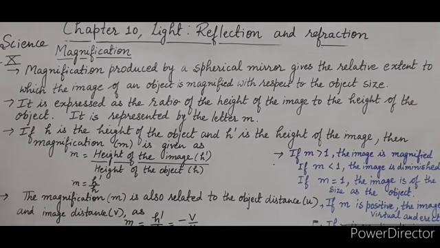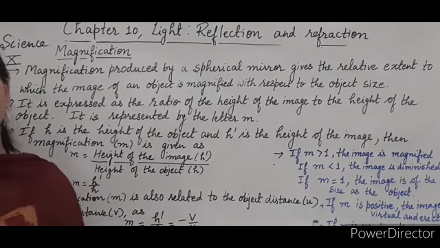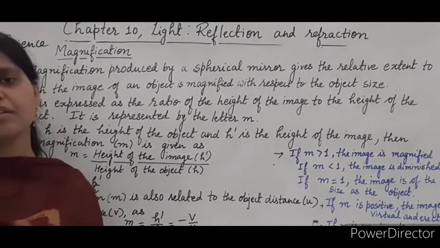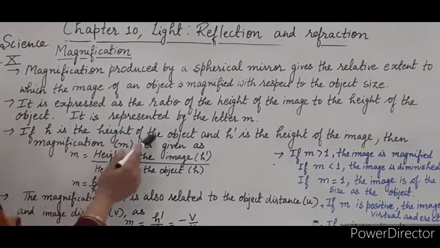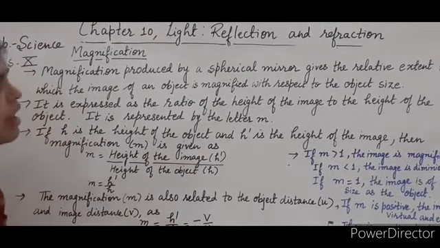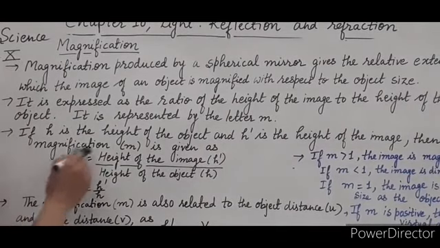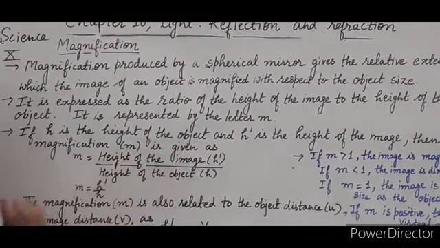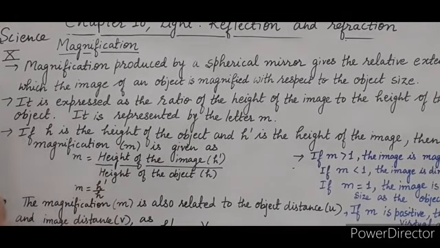So the ratio of the height of the image to the height of the object gives the magnification of a spherical mirror. If h is the height of the object and h dash is the height of the image, then magnification m is equal to the height of the image divided by the height of the object, that is, h dash upon h.